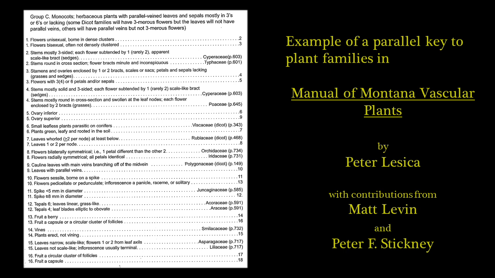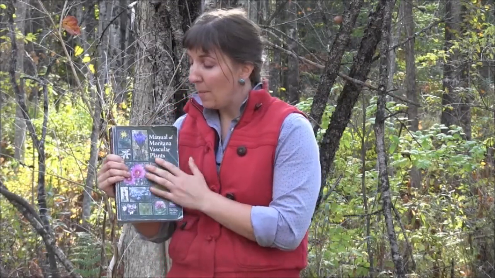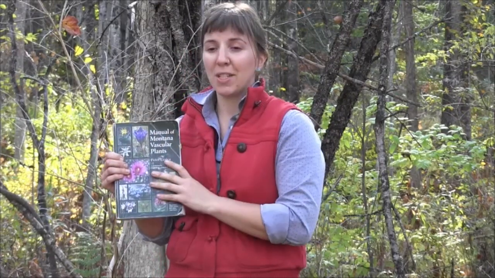We still are working with numbers here, but there are no indentations as we go down the page. All of the couplets have the same margin width. Both types of keys are great, and they will get you to the plants that you want to ID, but some require just a little more attention to detail than others.